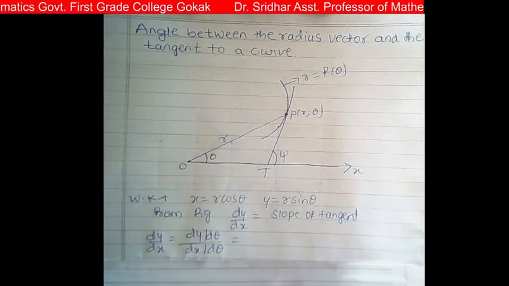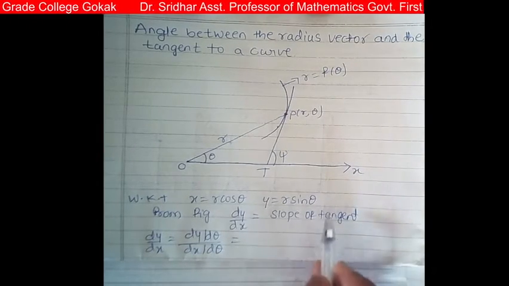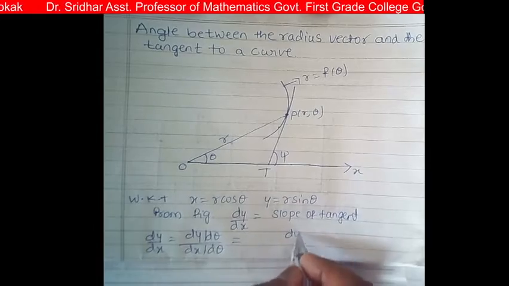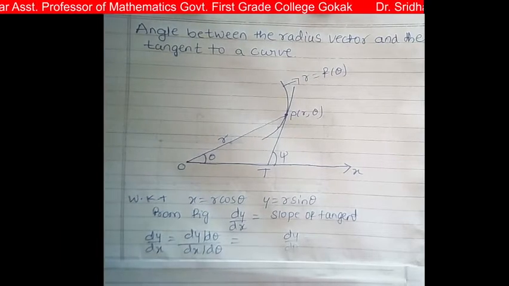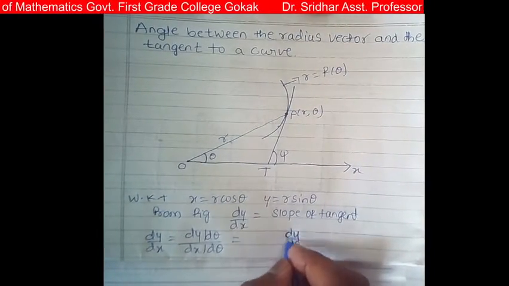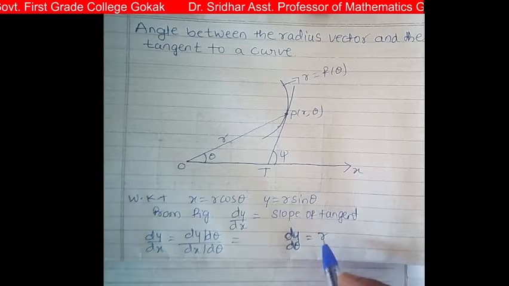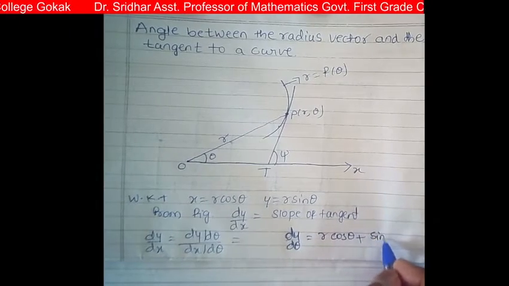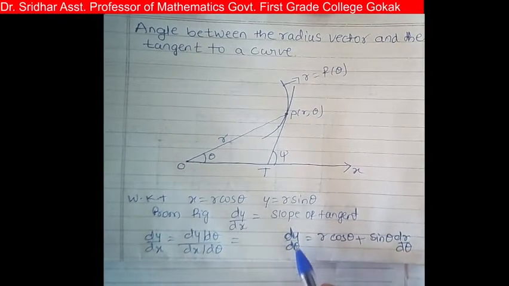Differentiate y with respect to theta: the first term r is constant, keep it as it is; the differentiation of sin theta is cos theta; plus sin theta as it is, into the differentiation of r, dr by d theta. So this is dy by d theta.